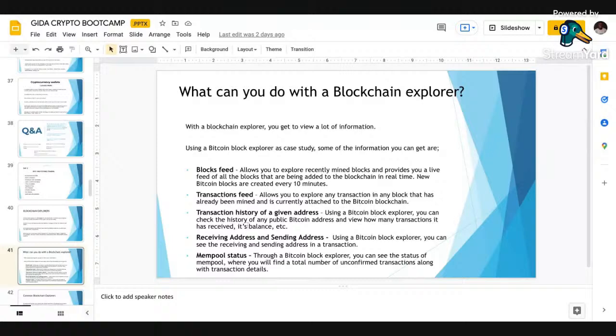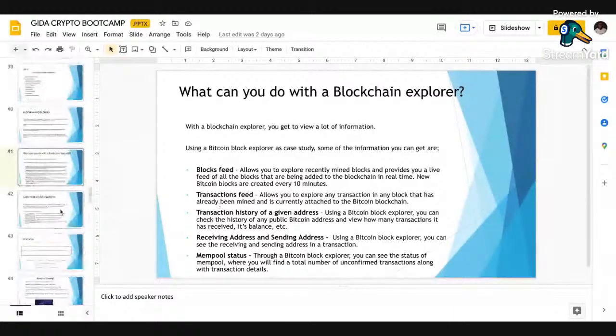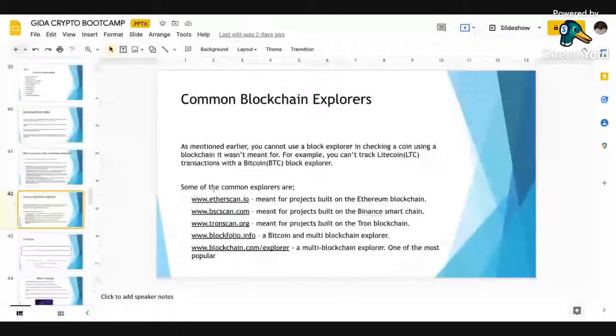Now let's talk about specific blockchain explorers. What are the common blockchain explorers that we've got? Now, as mentioned earlier, you cannot use a blockchain explorer in checking a coin on the blockchain it wasn't meant for. As I gave you an instance, you can't use a Litecoin transaction.